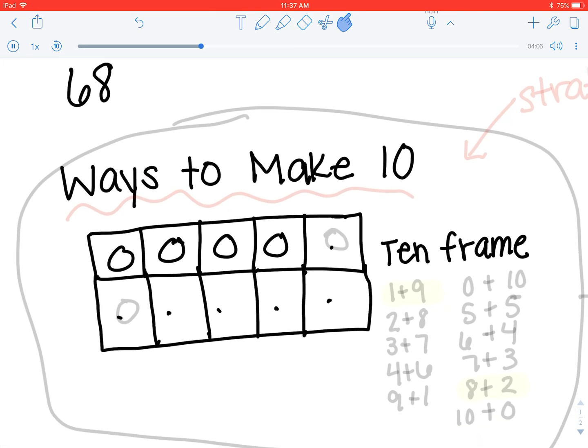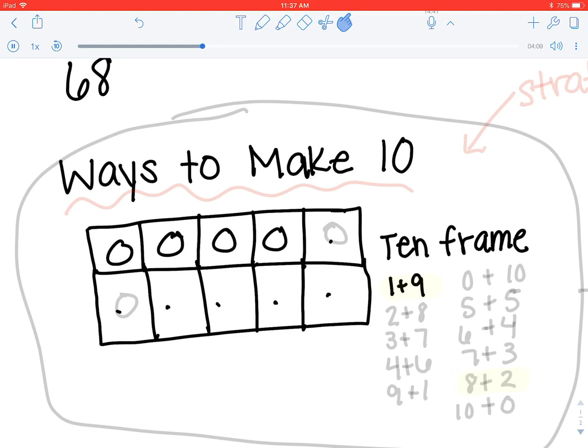So really make sure that your child knows and understands all of these pairs, and that whenever we add 1 to the top, it takes away from the spaces that were missing from the bottom. So my 4 and 6 became a 5 and 5, and now my 5 and 5 become a 6 and 4, and so on and so forth. Just have your child really know all of these by heart.